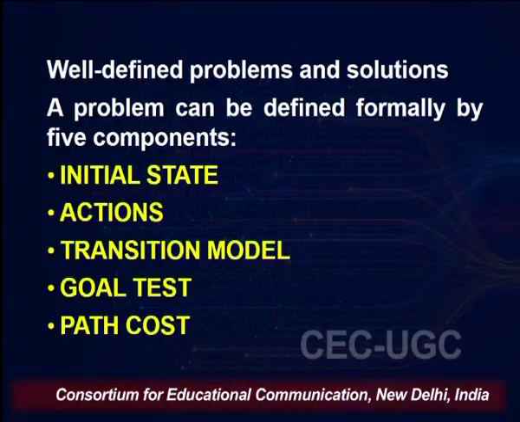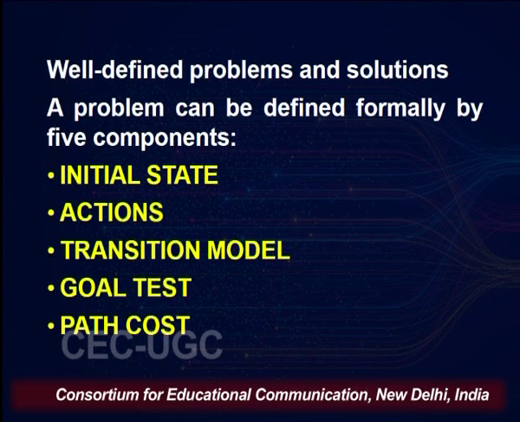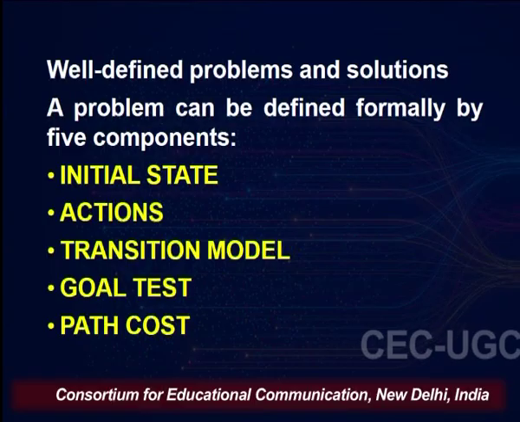So a well defined problem has to be there, along with finding the solutions. A problem can be defined formally by 5 components. Now let us see what these 5 components are, try to understand them, and then we are going to take up various examples.